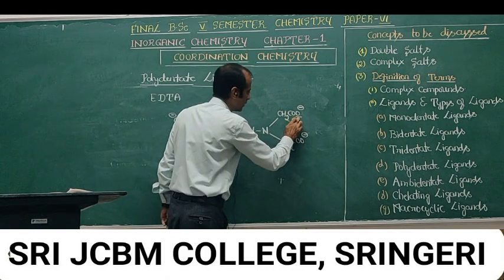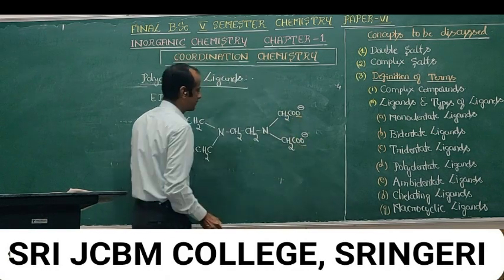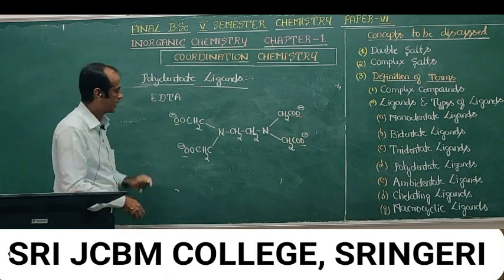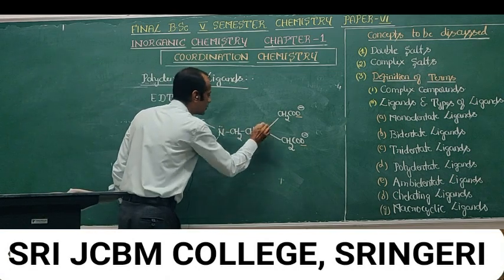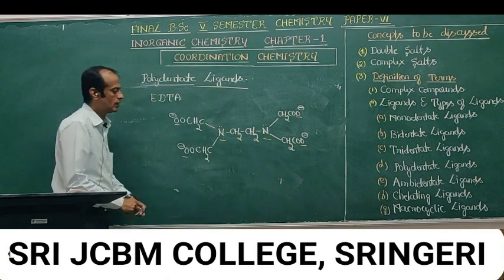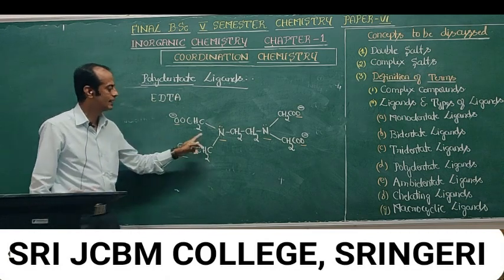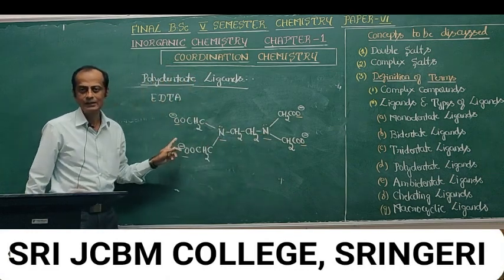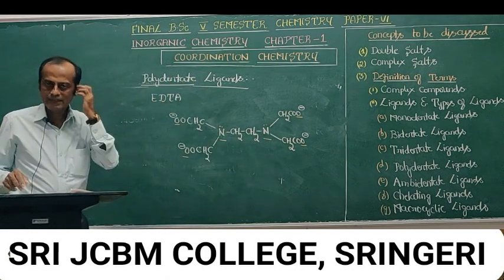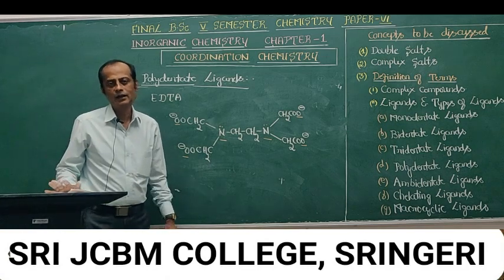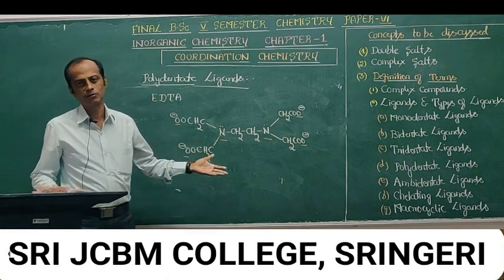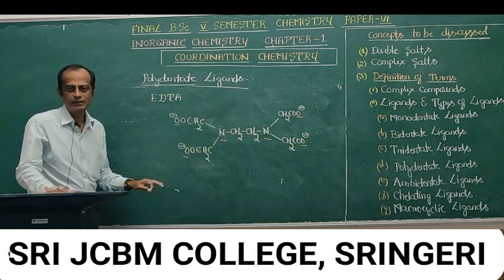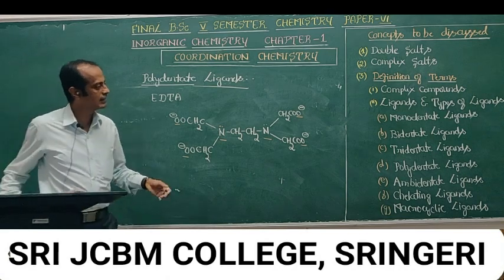There are 4 terminal oxygens of the acetate groups, which are 4 donor atoms, and 2 nitrogen atoms of the amine groups. Totally, EDTA has 6 donor atoms: 1, 2, 3, 4, 5, 6. That's why it can donate 6 pairs of electrons to the central metal atom to form 6 coordinate bonds. That's why it is considered a hexadentate ligand. With this, I will stop and continue in the next class.